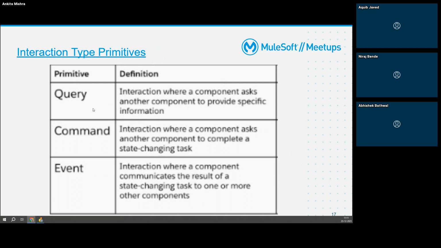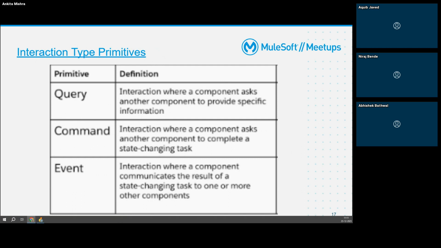So next time when you go to Amazon and search for books, what exactly are you doing? You are sending a query to Amazon. Because you want to retrieve certain data, you are not adding or contributing to that data, rather you just want to read it. That kind of interaction is called query.